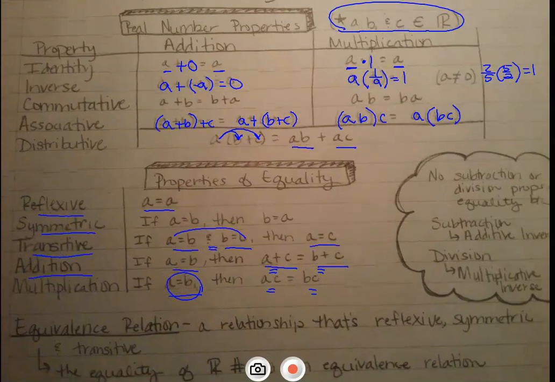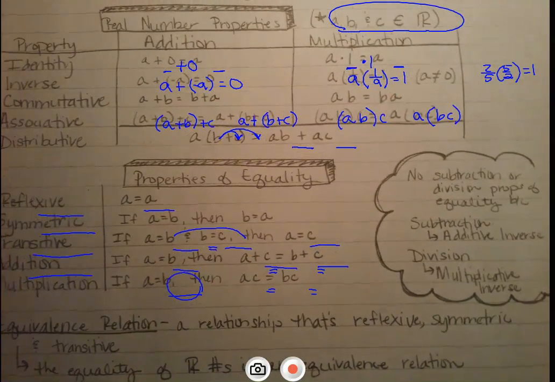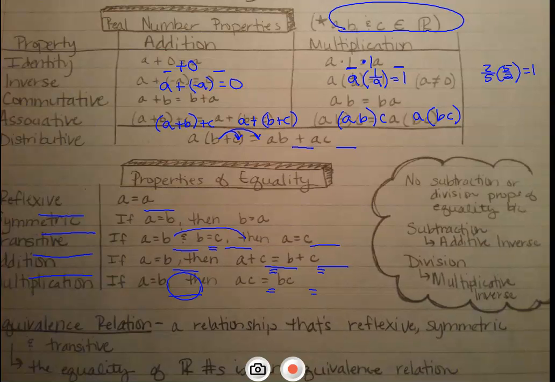This little piece over here on the right says there's no subtraction or division properties of equality. That's because subtraction is the same thing as the additive inverse, and division is the same thing as the multiplicative inverse. So there are no subtraction and division properties of equality.